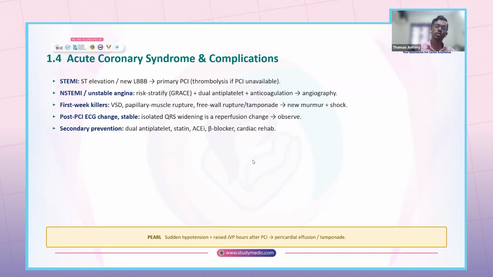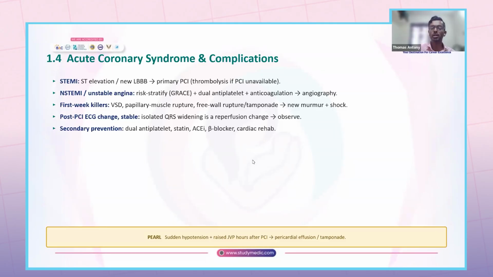This is usually benign and we need only to observe. For secondary prevention, we add dual antiplatelets, statins, ACE inhibitors, beta blockers, and refer the patient for cardiac rehabilitation.